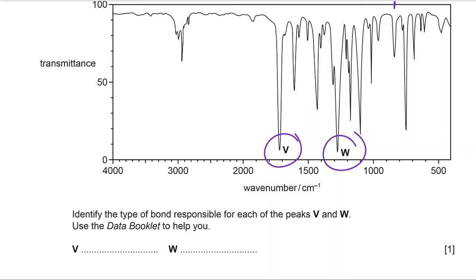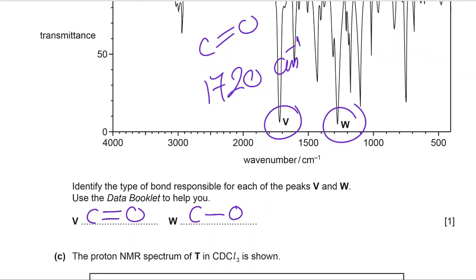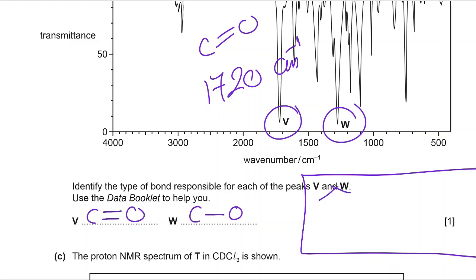This one, V, is approximately at the region for carbonyl, and this one, W, is for the carbon-oxygen single bond, not the double bond. So until now we can summarize: maybe our compound has a benzene ring and a carbonyl, and as we said in the previous question, CH3 and O. So this has been confirmed.